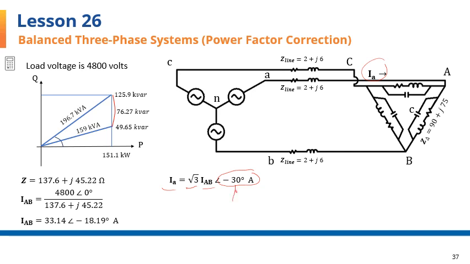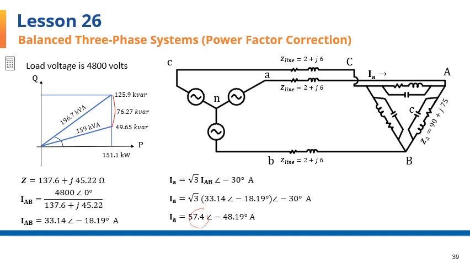That's where this negative 30 comes from. Inserting the value of IAB from here into this equation will give us IA. And IA comes to 57.4 with negative 48.19 degrees of phase angle.